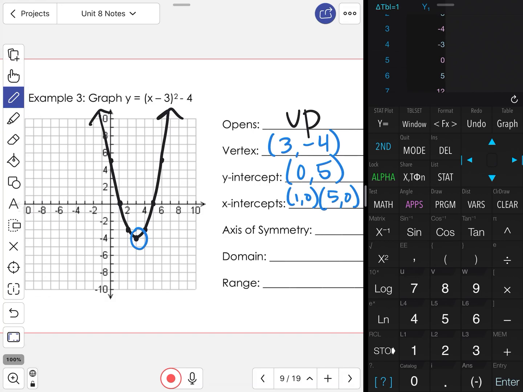Okay, now we need to find our axis of symmetry. So let's make that vertical line straight through our vertex. And whenever we write an axis of symmetry, we have to say x equals, and it cut through x equals +3 again.